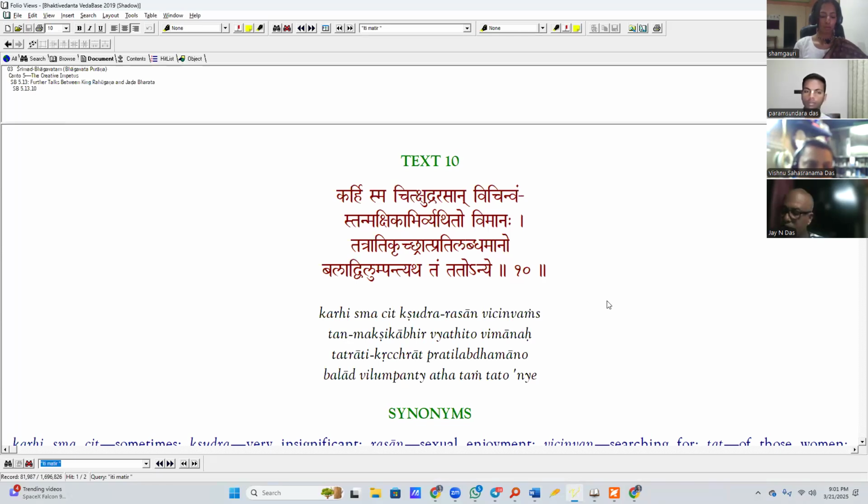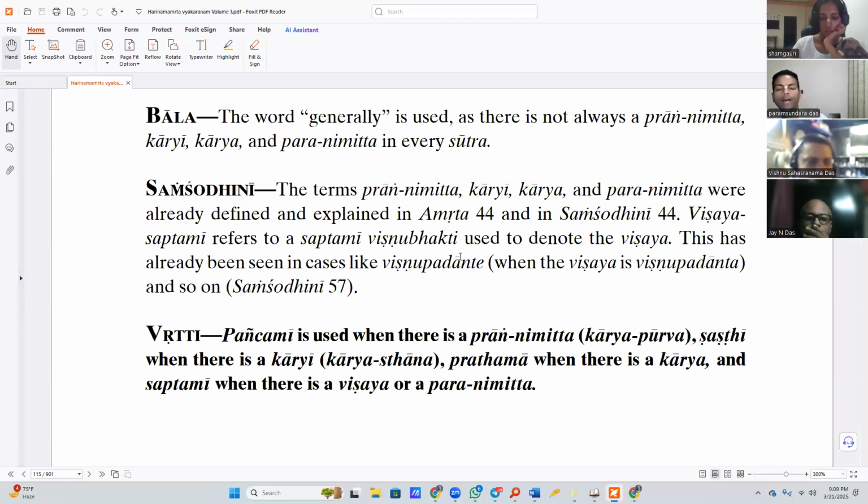Karhi is one word. How to decode? We have to understand a few terms.